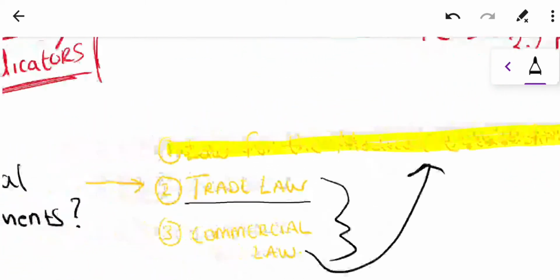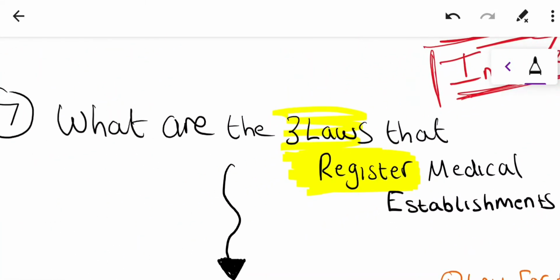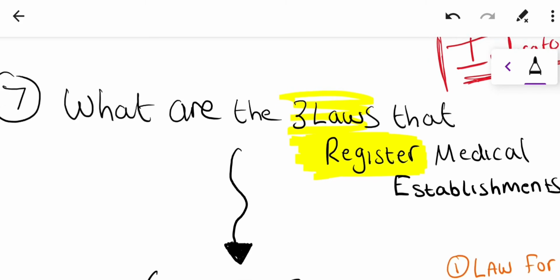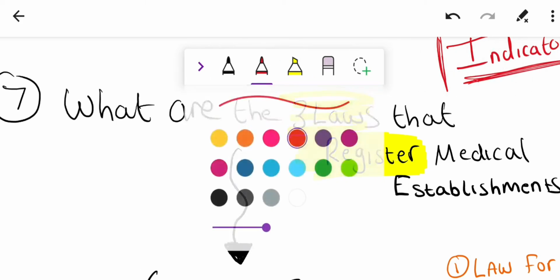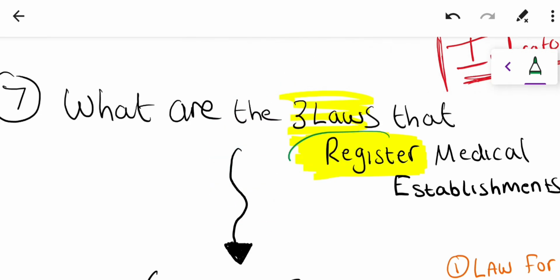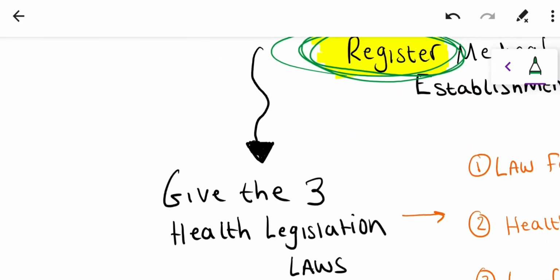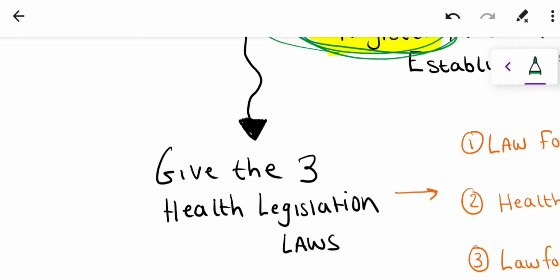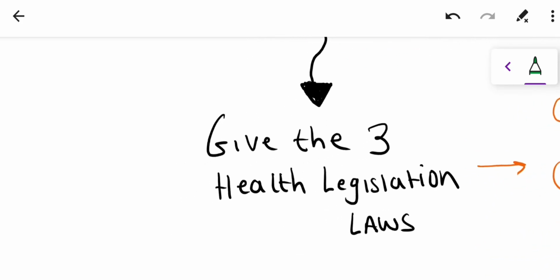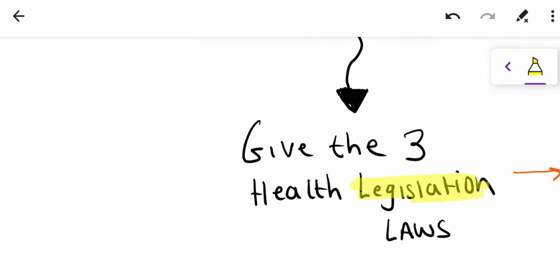Okay. Now, very filthy question. What they can do is change this question, and change the word register: give the 3 health legislation laws. The key word here is legislation.